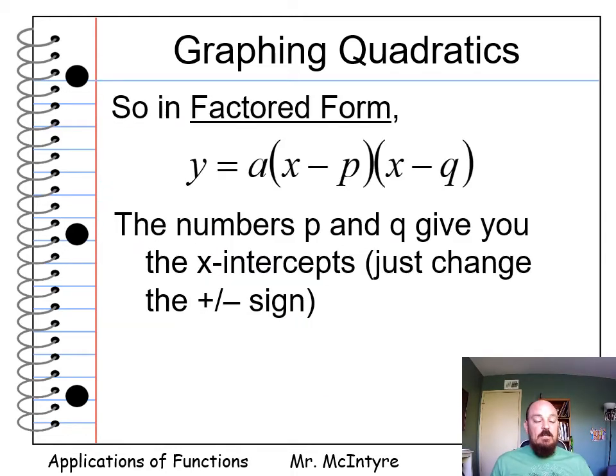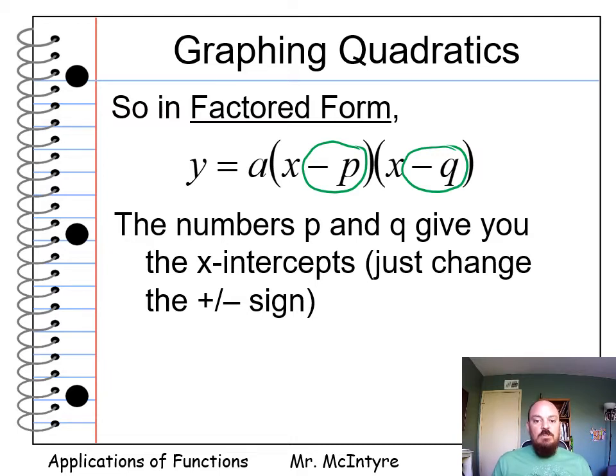So in factored form, and this is the same factored form we saw two slides ago, y equals a times x minus p times x minus q. These two numbers here, p and q, give you the x-intercepts. All you have to do is change the plus or minus sign.